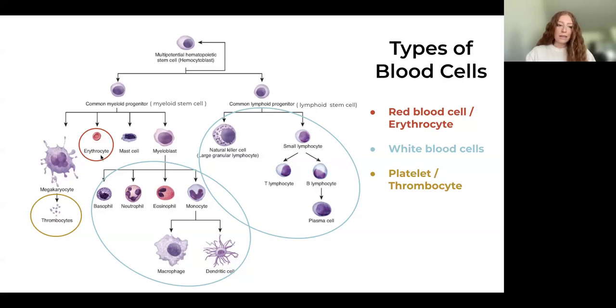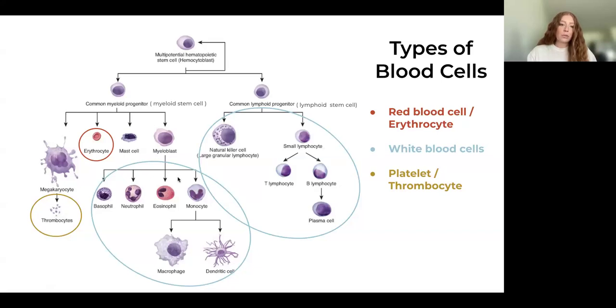Erythrocyte is just a fancy name for it. Thrombocyte is a fancy name for platelet. And then you have here circled in blue, the white blood cells. So there's actually a lot of different types of cells within the white blood cell category. And these are the ones that are mature and they are in the blood.